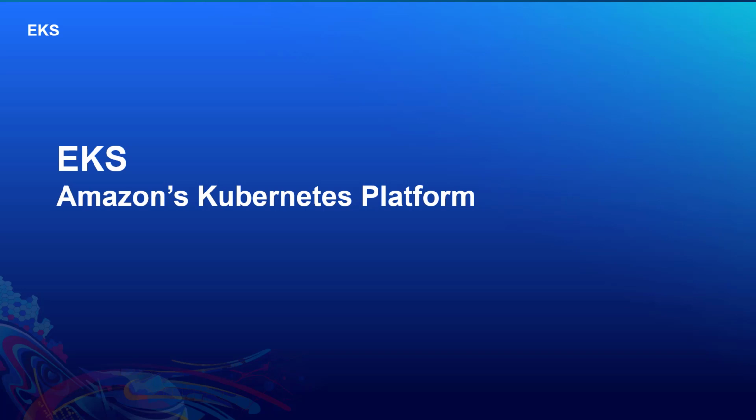Now, EKS can run using nodes that are managed that are run in your account as EC2 instances, or they can run on what's called Fargate. Our implementation runs within nodes in your account, not the Fargate yet.